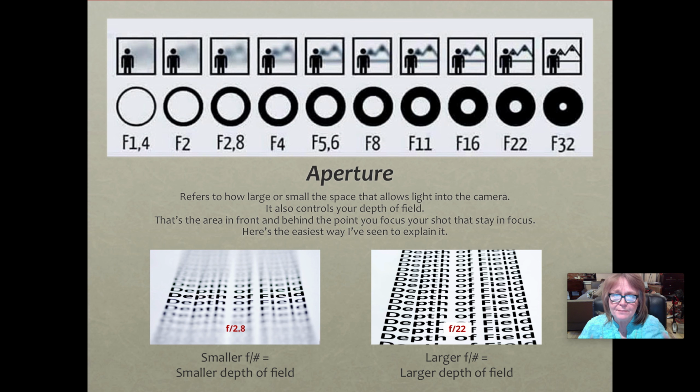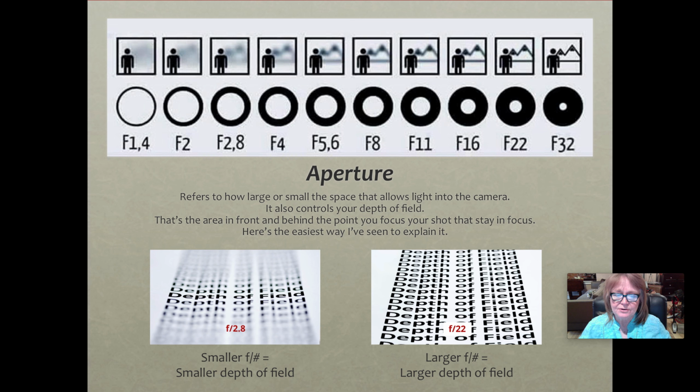And this is always confusing because the numbers don't make sense, but I finally found this guy who really, this is great. The smaller the f-stop or f-number is, the smaller your depth of field. And the larger your f-stop number is, the more depth of field you have.